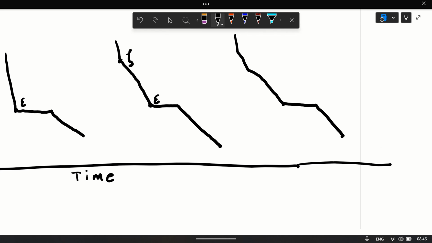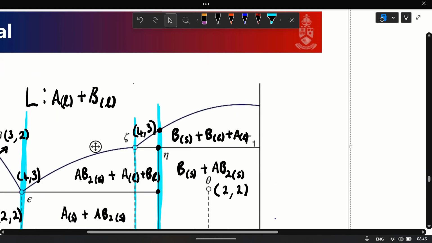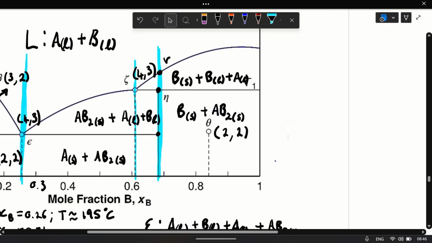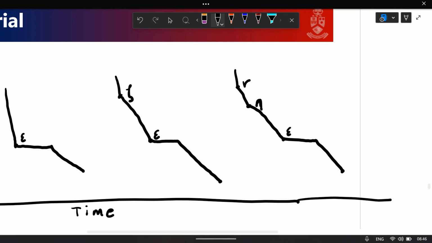So this is at the eutectic, this is at eta, it's a terrible eta, and this is at some other point that we can call nu, so that we just have a name for it. So that's at point nu, the first time we have a rate change.